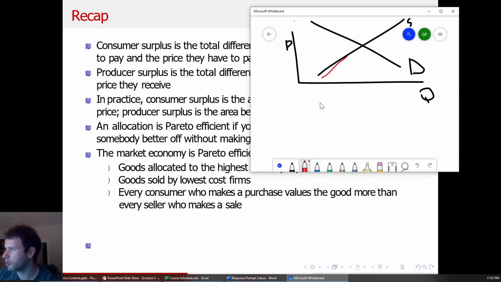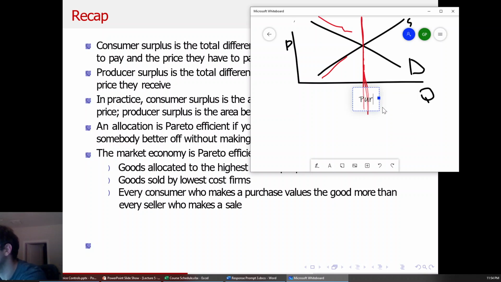So these are the lowest cost firms, highest willingness to pay people. Everybody here on out, purchase. These are the people who purchase. Up here, these are the producers who sell.